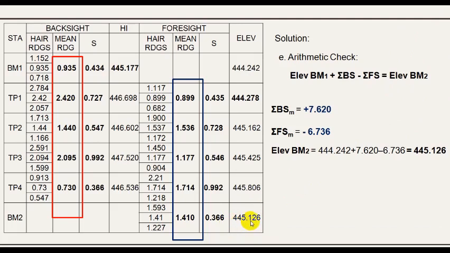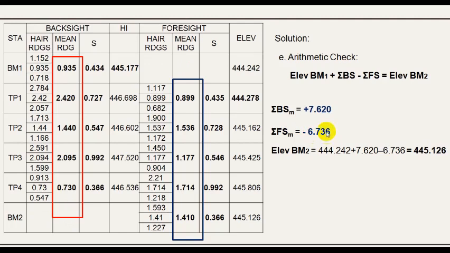So the computed elevation of benchmark 2 should be the same as here, which is 445.126. For the summation of the backside, we add the computed mean readings of the backside. The summation of this column is 7.620. Then the summation of the foresight mean readings equals 6.736.